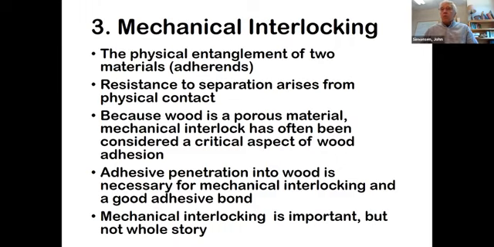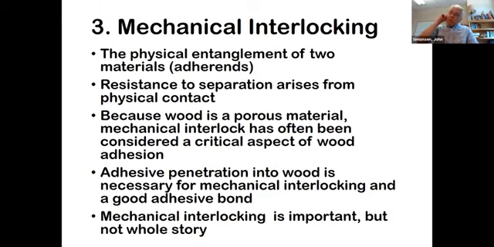And because wood is a porous material, mechanical interlocking is also an important part of the bond strength in wood adhesion, right? So you need the adhesive to penetrate into the wood to make a good bond with wood adhesives.